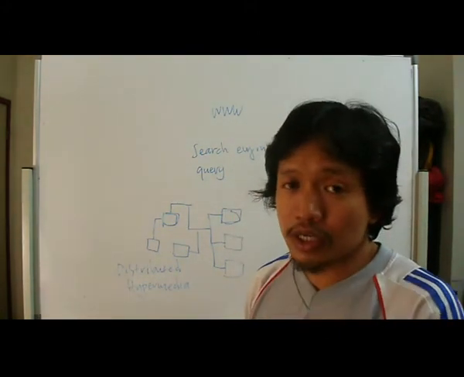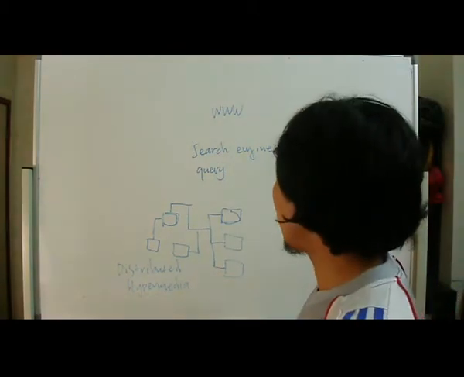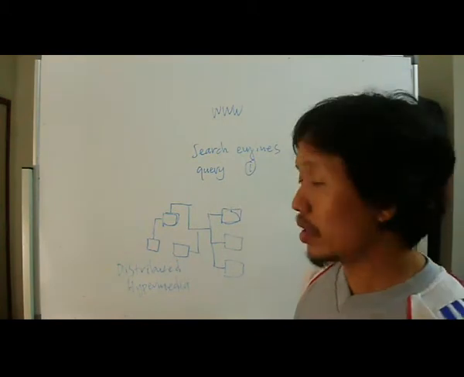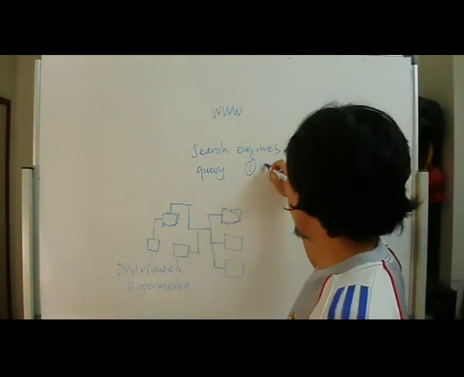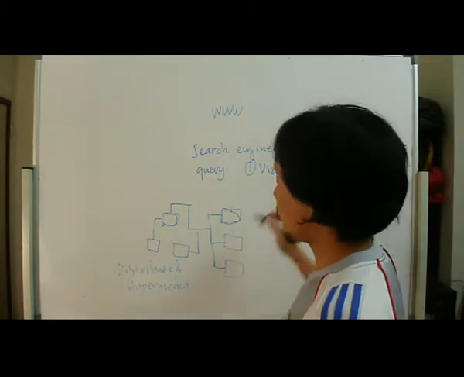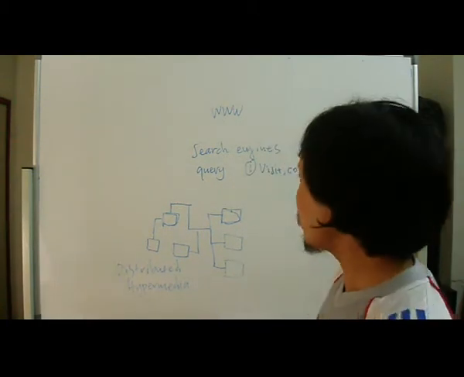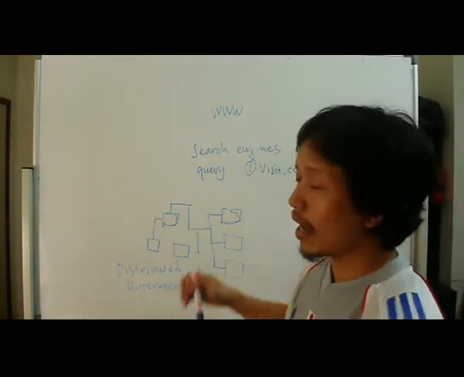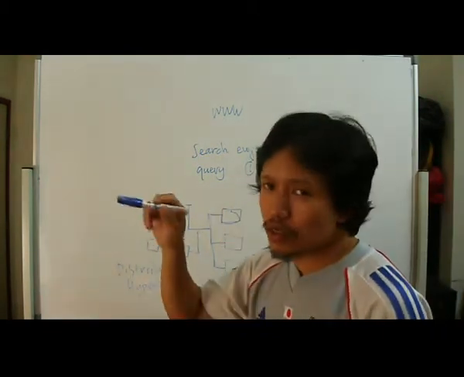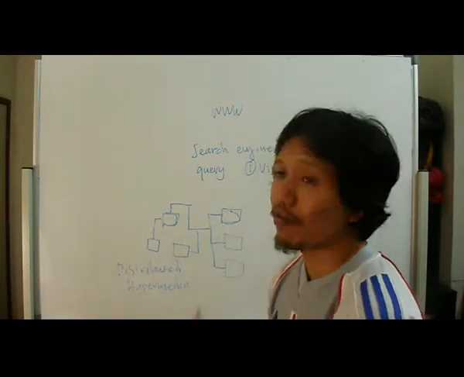Now, how do search engines work? What happens is that first, search engines will visit and collect information, meaning to say that search engines will have certain agents which will go to these websites one by one and collect information.